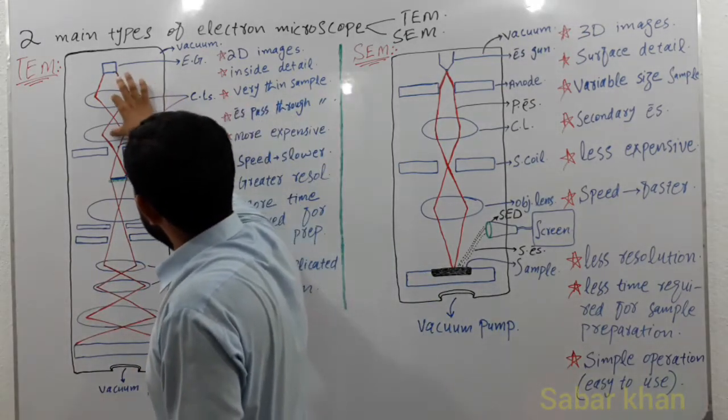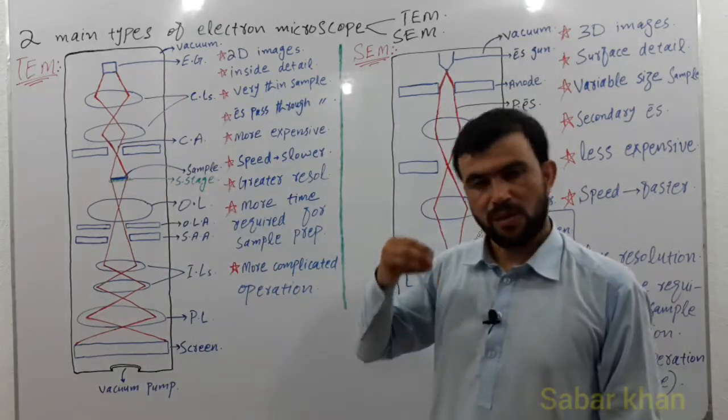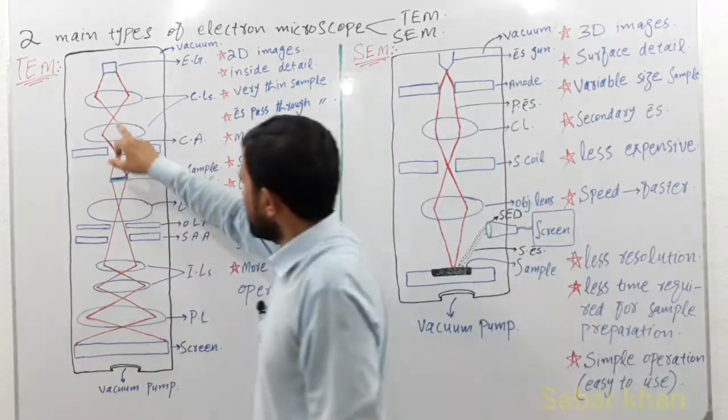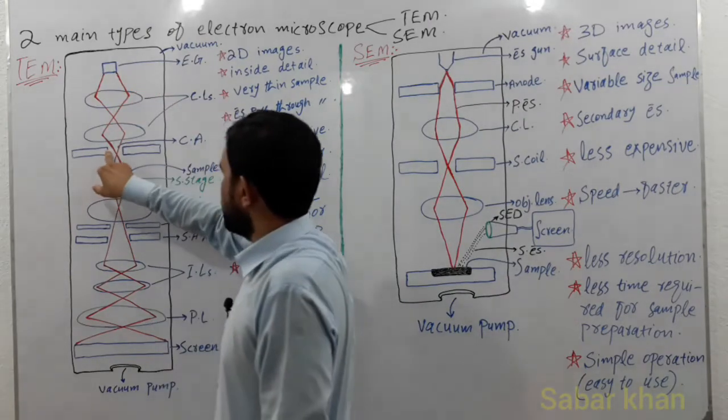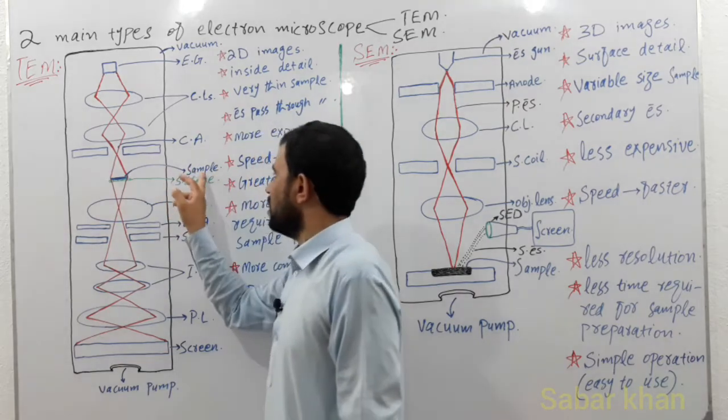These condenser lenses are present to make the electron beam small, thin and coherent. So the small, thin and coherent beam then passes through the condenser aperture and comes towards the sample or specimen.